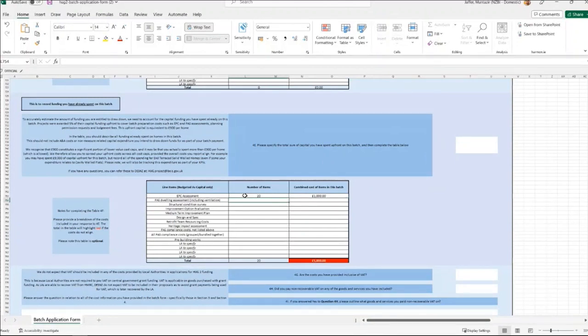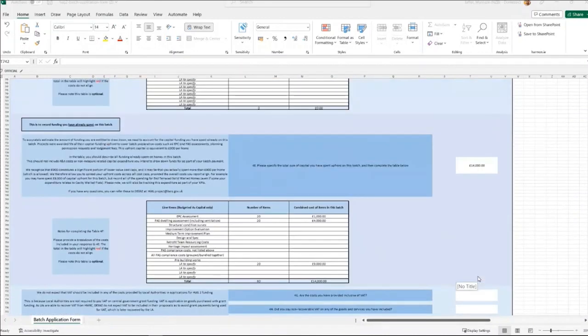We know that we have 20 PAS dwelling assessments at a total of £4,000, and we know that we have 20 sets of pre-building works that need to occur at a total of £9,000. That means that all of our upfront money, we've spent £14,000 in upfront costs so far.